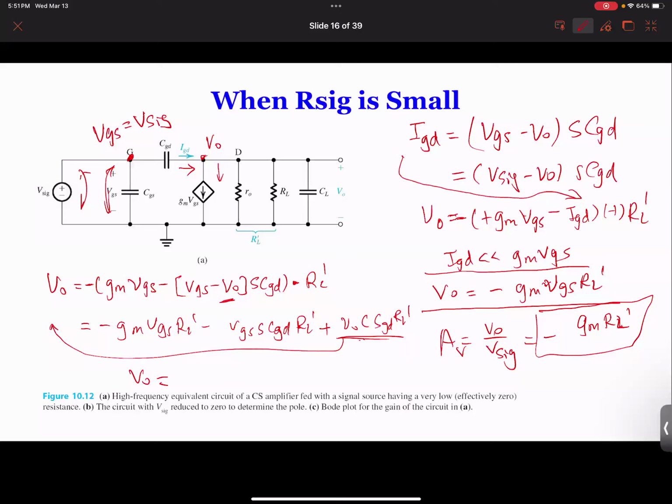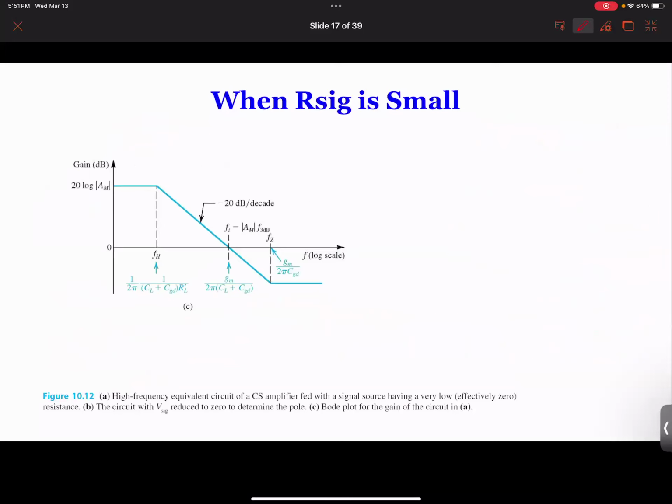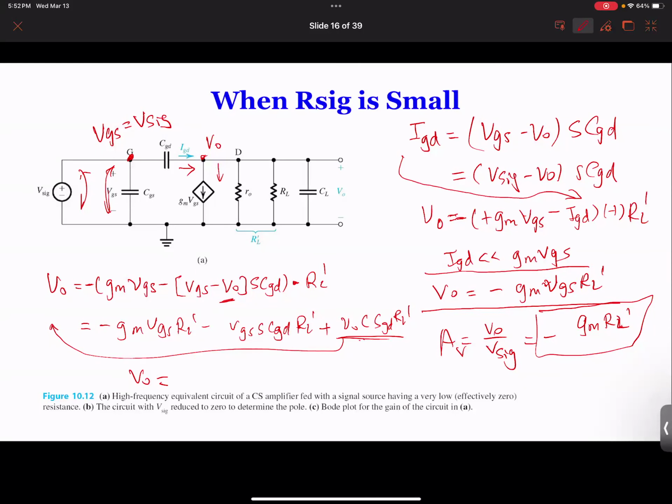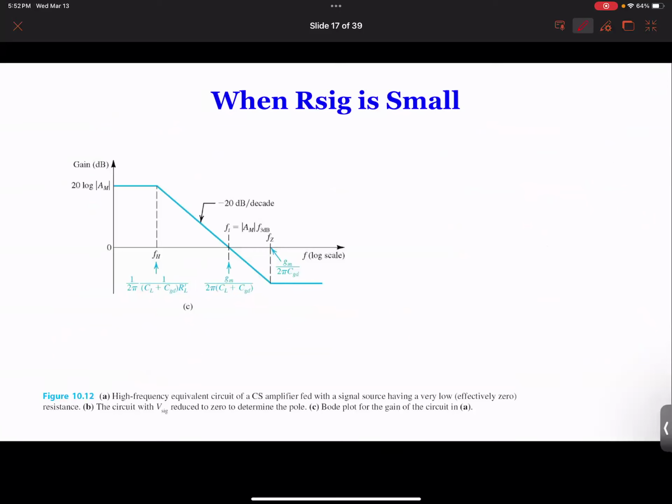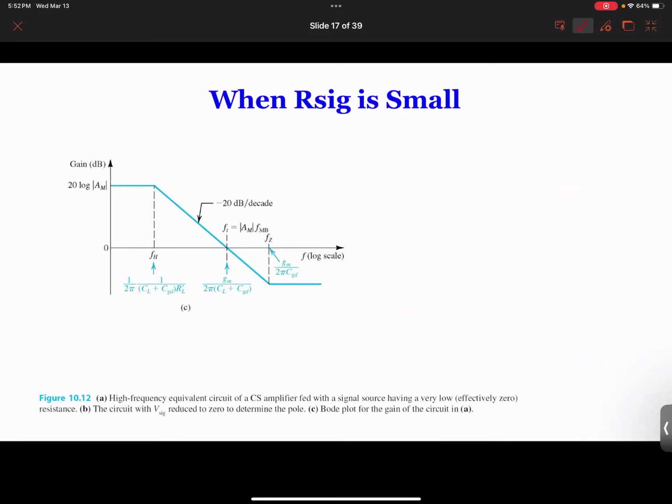In this process, I did not include CL, but in the book, it does include CL. When you include CL, the total impedance at the output is going to be RO in parallel with RL and in parallel with 1 over sCL.